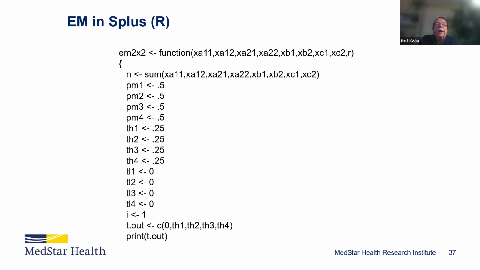So this is the program. You don't have to really pay attention to this. It'll be on the slides, but this is my algorithm that I originally wrote in S+, and it would be the same thing in R. My function includes the 4 cell counts, then the numbers for the ones that were missing.